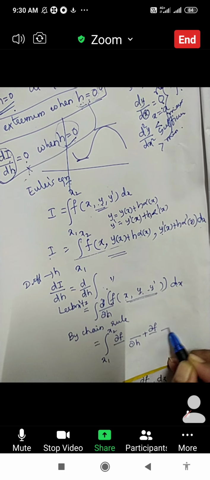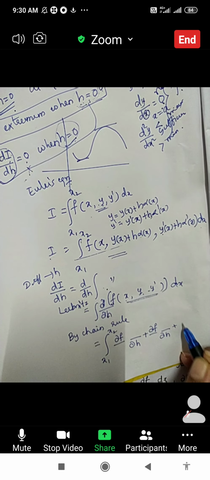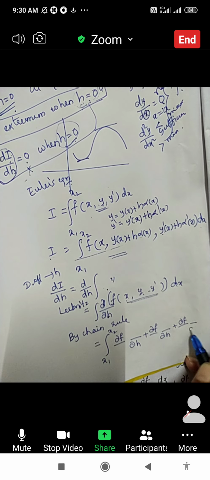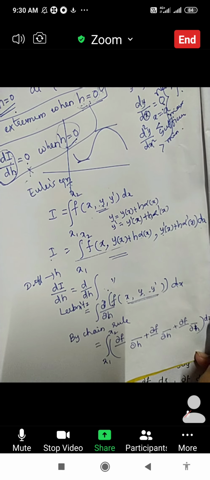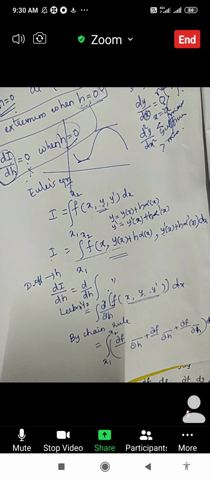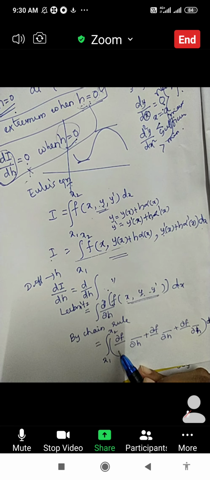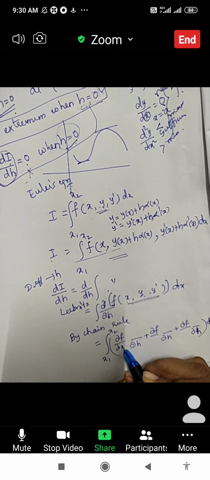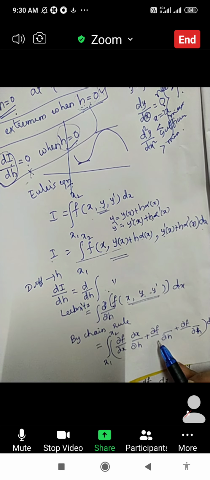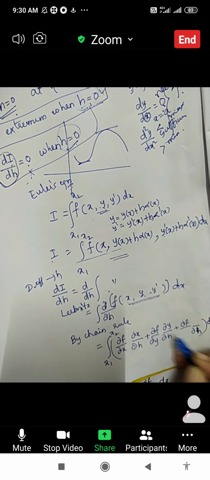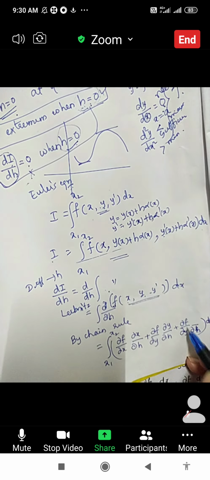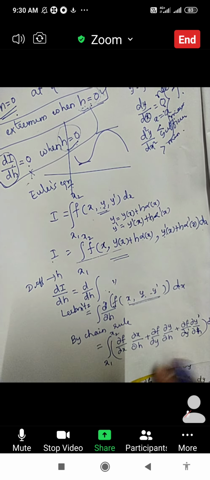Derivative of f with respect to h. Okay, now what will come first here? Dou x, dou x. Second, dou y. Third, dou y dash. Your chain rule is done.